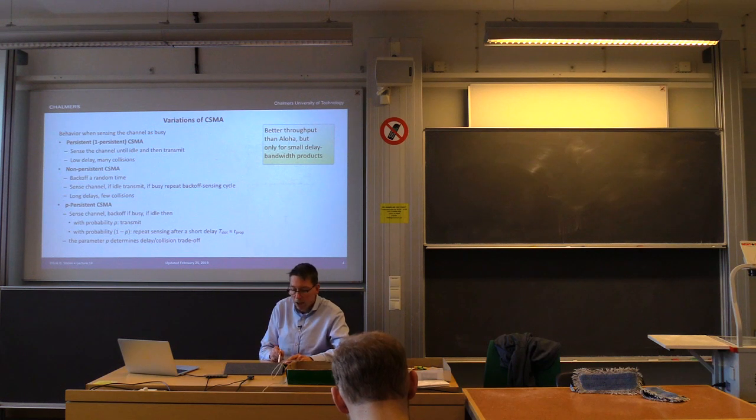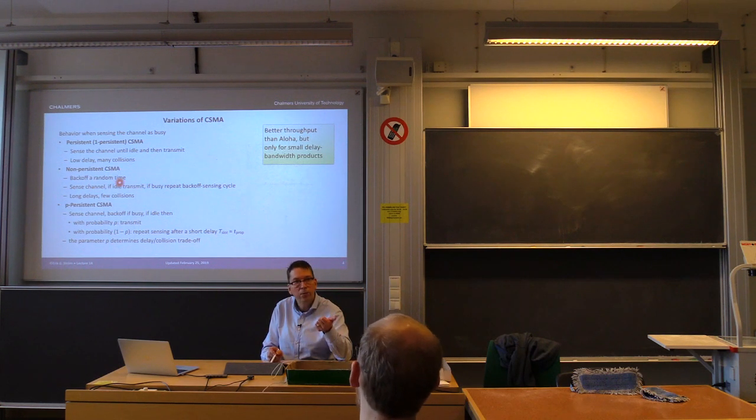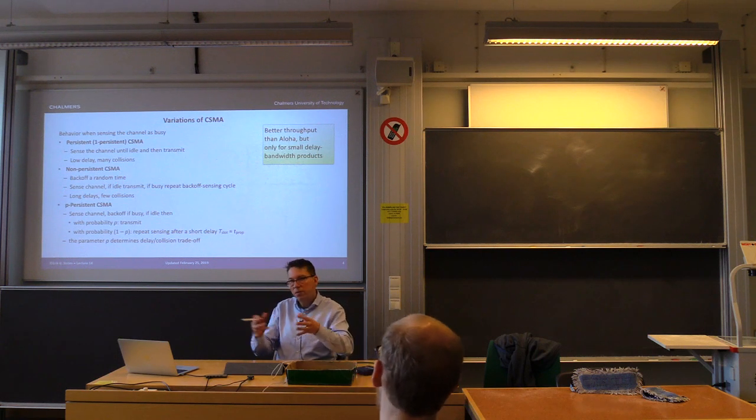Okay, so if this is the aggressive method, then let's look at the very polite method, which is called non-persistent CSMA. Basically, when the channel is perceived to be busy, one backs off for a random time, and this random time is fairly long.